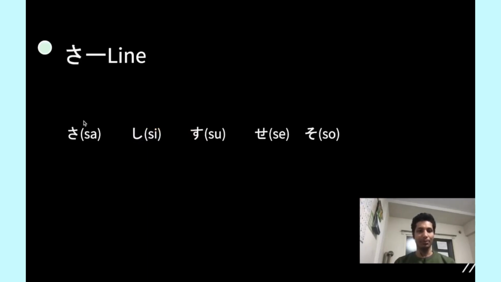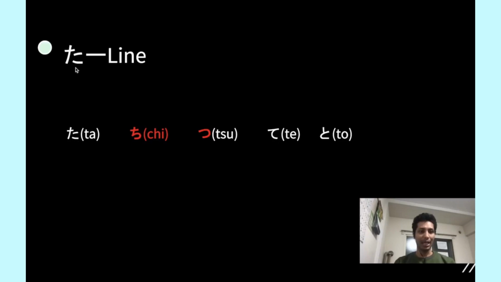If we go as sa and then si, then in the ta line it should be ti, but that is not the case. In Japanese hiragana or even in katakana we don't have any ti. I am not sure why. If you know the answer, please comment and let me know as well.